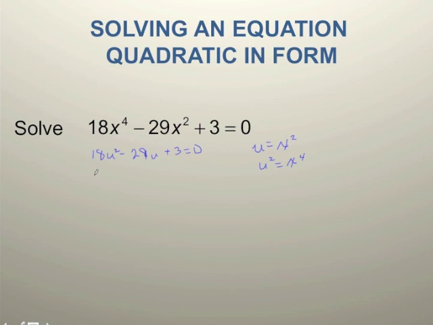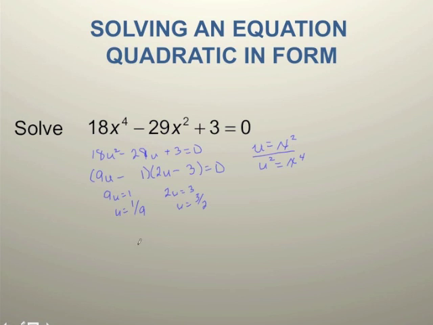Let's try 9u and 2u. Signs are both negative. Make this 3 and 1. Negative 2u, negative 27u. That will give me my negative 29. So 9u equals 1 and u equals 1/9. 2u equals 3 and u equals 3/2.